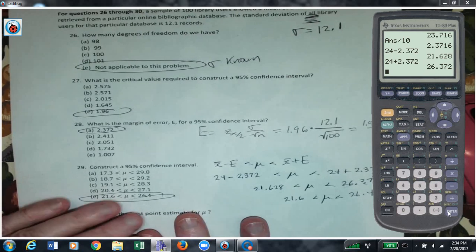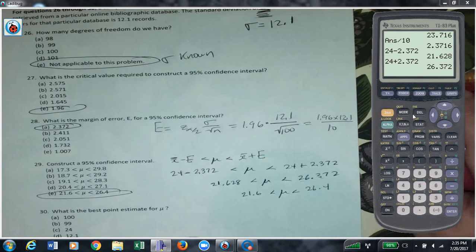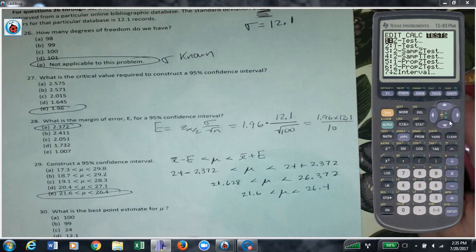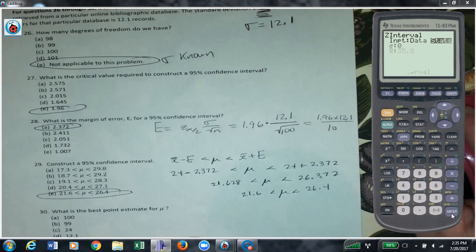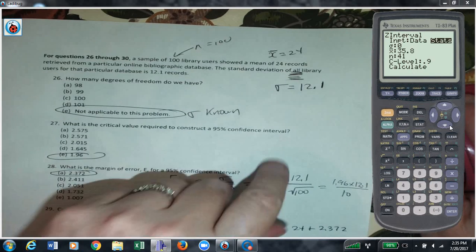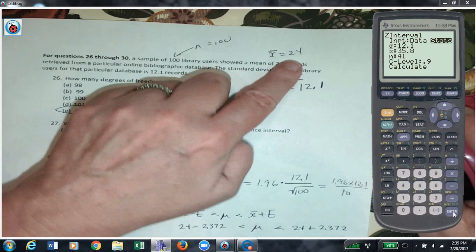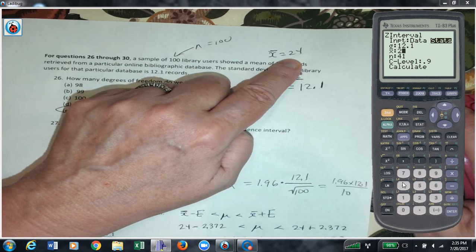Okay, so if I want to do that with a calculator, I do stat tests, and now we have a z-interval because sigma is known. I'm just going to provide the stats since I don't have the original data. So sigma is 12.1. The sample mean is 24.